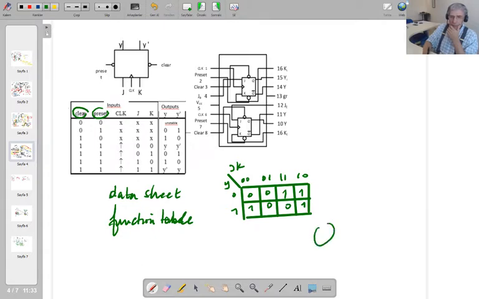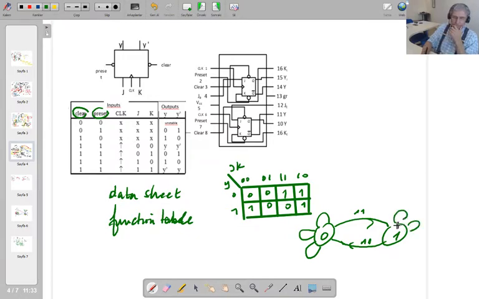So the state diagram is going to be something like 0 state, 1 state, toggling in between. This happens for one input, and for the other inputs it's going to be like that. Most probably like that. Maybe one other change, so something like that.